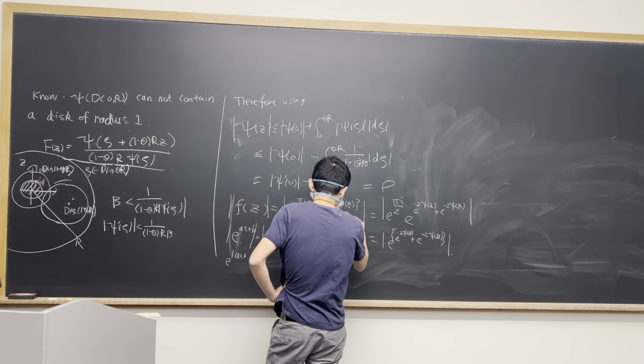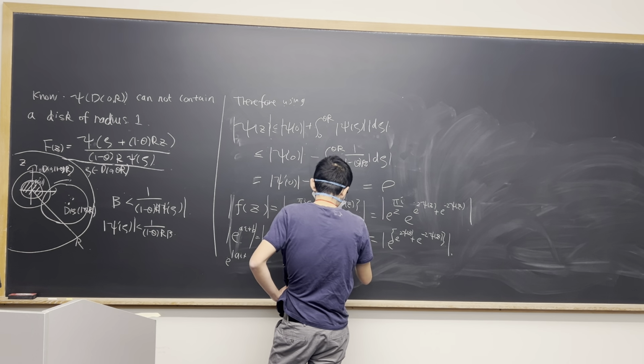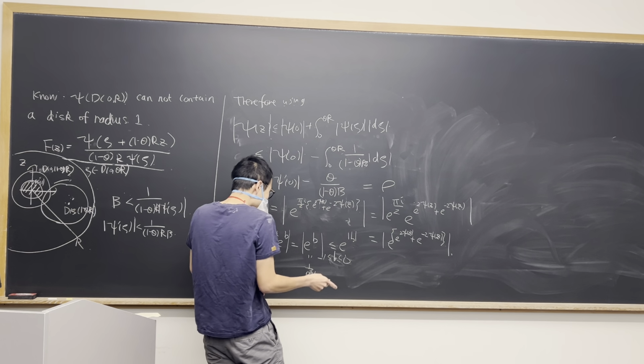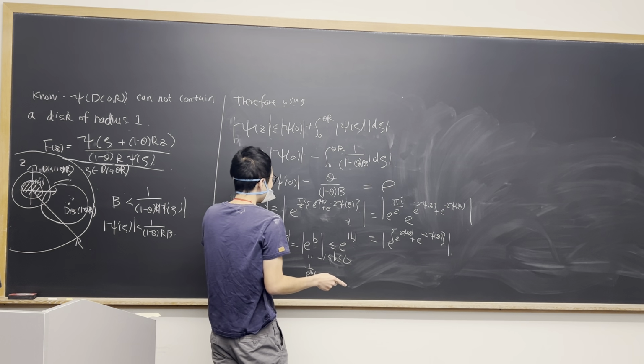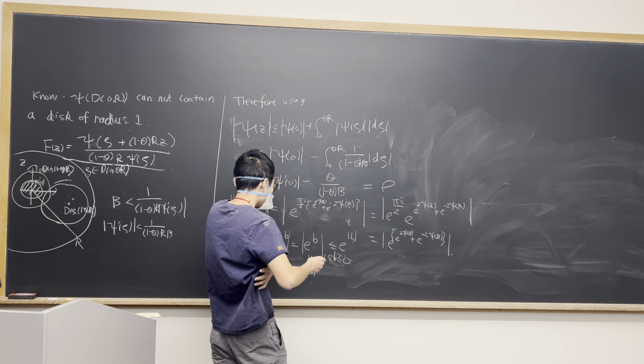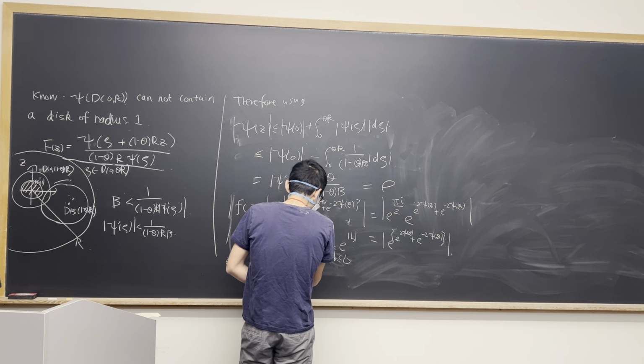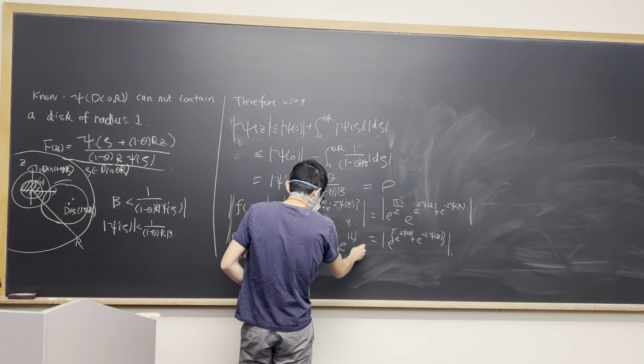So e to any positive number is bigger than 1. The modulus of b is a positive number, so e to the modulus of b is bigger than 1, and 1 over this number is less than 1. So this is always true.